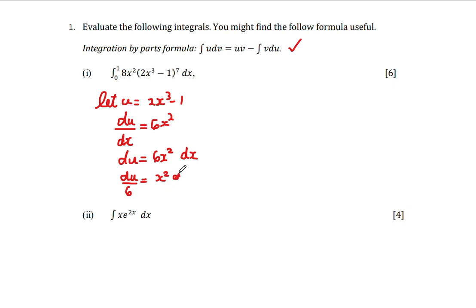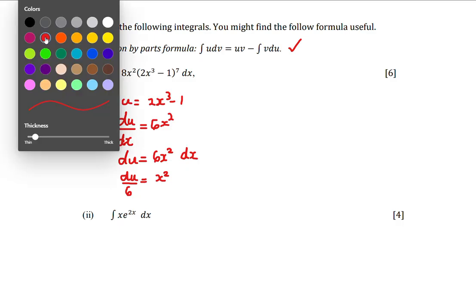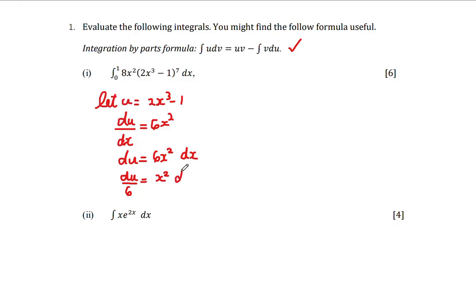All right, so that's an extra step that we could take at this stage, which will make simplification easier later on in the problem. So du upon 6 is equal to x squared dx, which is just a manipulation of du equals 6x squared dx.